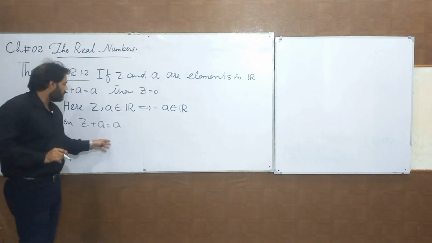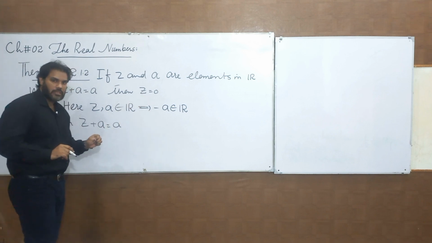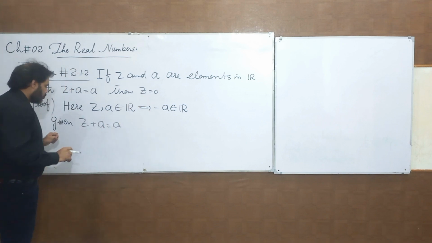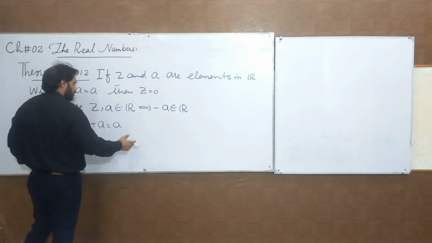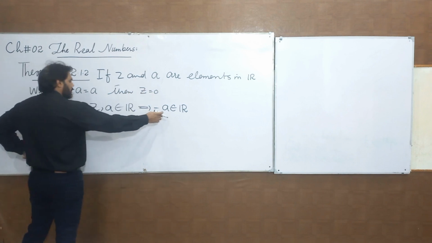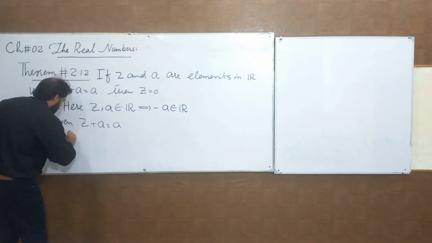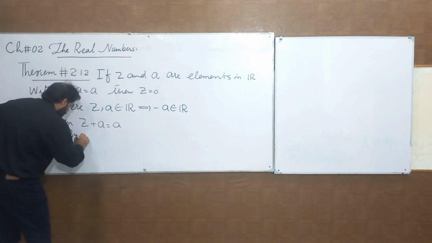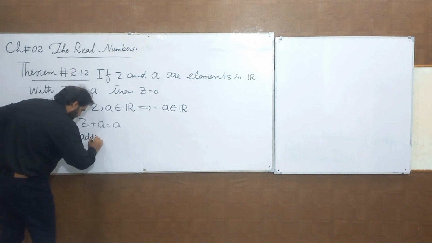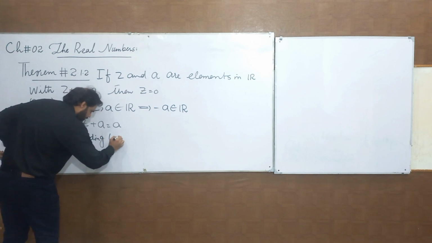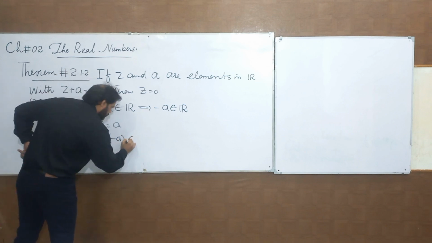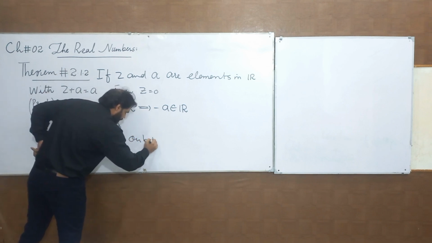I have to prove z is equal to 0. So to prove z is equal to 0, I will add the additive inverse of a, that is minus a, on both sides of the equation.